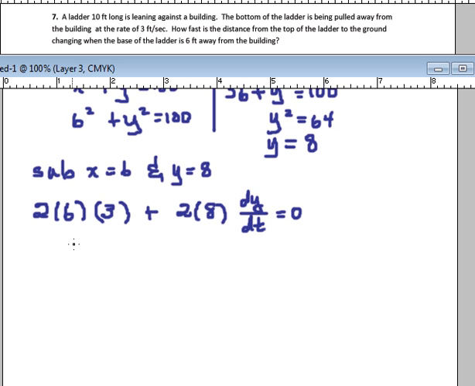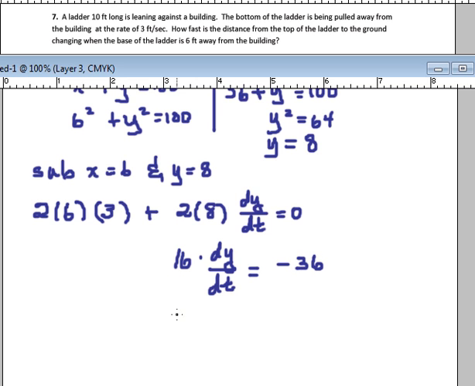Alright, so we have 16 dy/dt is equal to, I'll subtract this term off. Here I have 2 times 6, that's 12, times 3 is 36, is equal to minus 36.